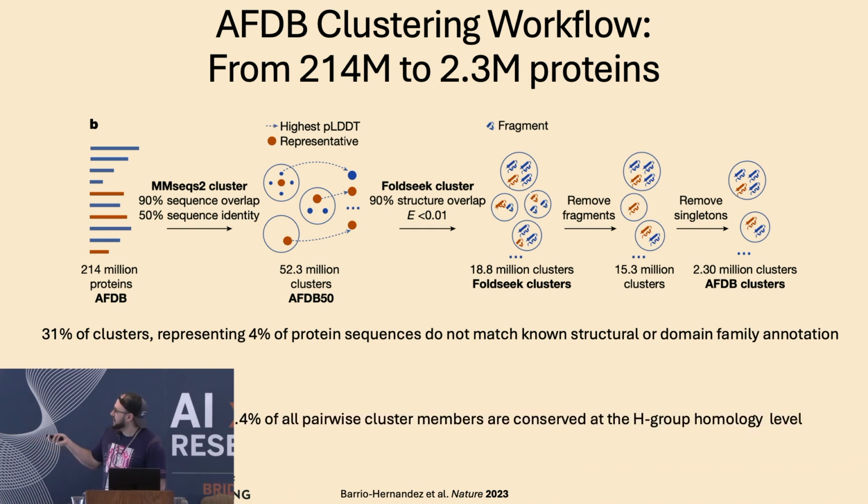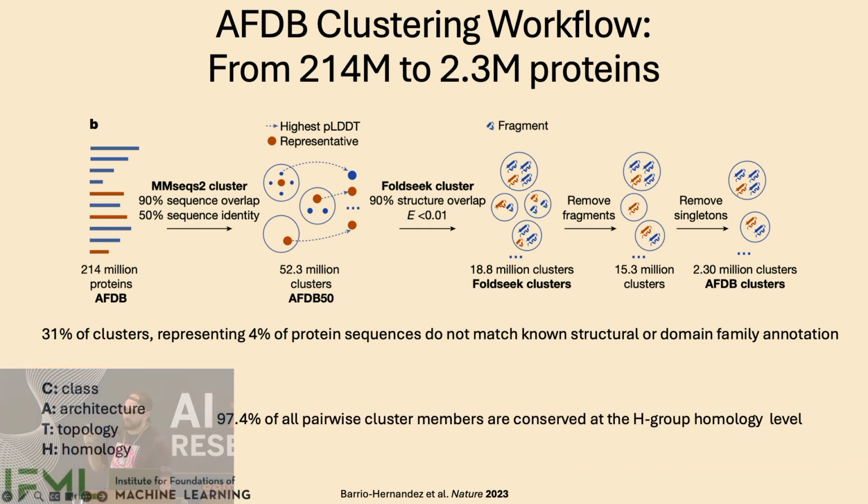The next thing, so this is a fact that we're going to find really interesting later in the talk, but you can essentially understand these proteins using a hierarchy. So like, is it primarily alpha or beta? That would be like the C level. And then you can just get more nuance, go to like the architecture level, the topology level. These three are purely looking at 3D geometries of the proteins, while the last one is looking at their evolutionary relationships.